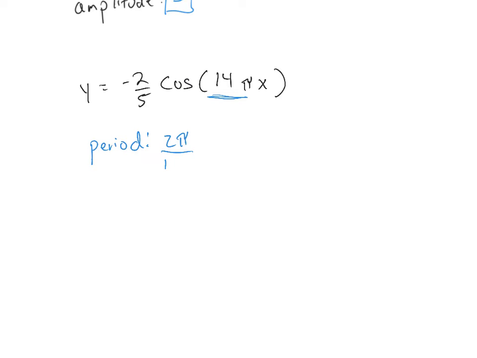So I'll divide by our 14 pi, which then if we simplify it, the pi cancel each other out, making 1. 2 over 14 also simplifies to 1 over 7.